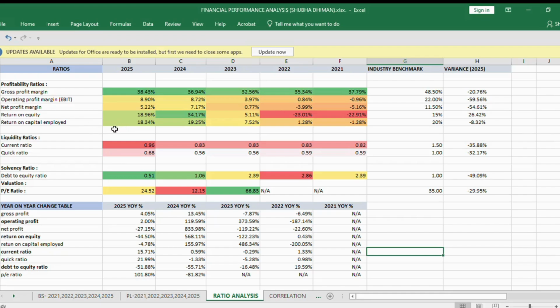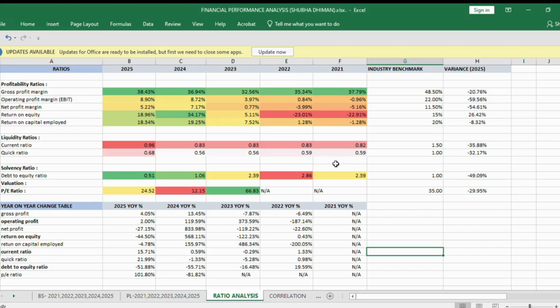I compared these calculated ratios against the industry benchmark. For example, since our current ratio is 0.83, which is below the ideal benchmark of 1.50, I have flagged it as a red flag in my red flag dashboard with the help of conditional formatting.